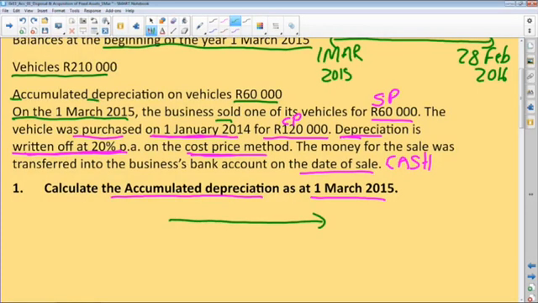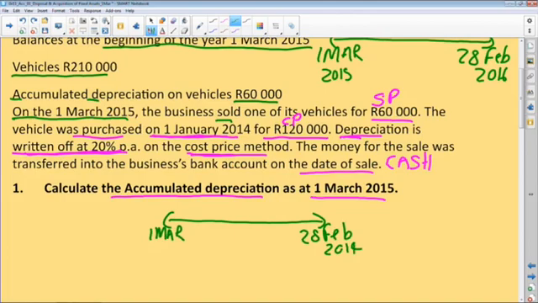So let's do that. We now need to go back to the very first financial year when the asset was purchased, and according to this information, it was purchased on the 1st of January 2014. So I know my financial year starts 1st of March, ends on the 28th of February, and I'm obviously now going back to 2014.